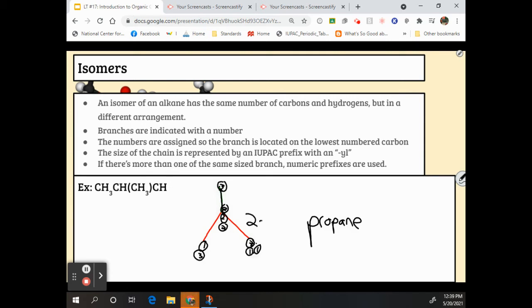So I say 2-methylpropane. You have to kind of get used to naming these. You have to start looking at them like they're a puzzle, and you're going to try to number the carbon chain so that you have the longest chain possible.